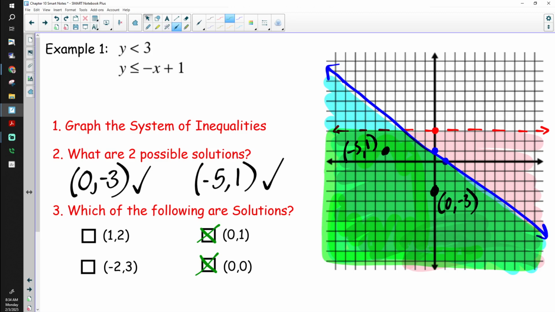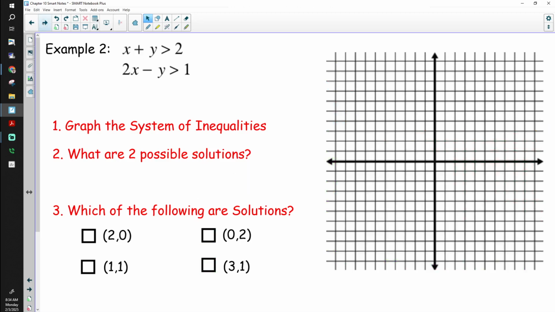Next problem. Open up Desmos and plug it in.